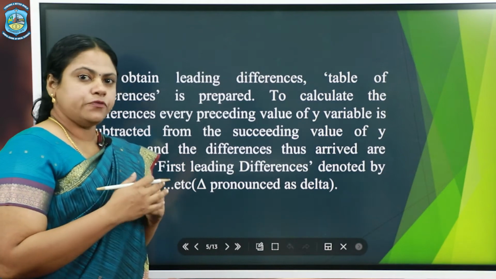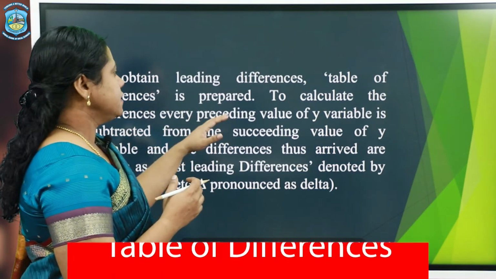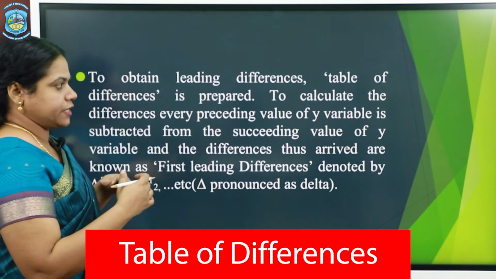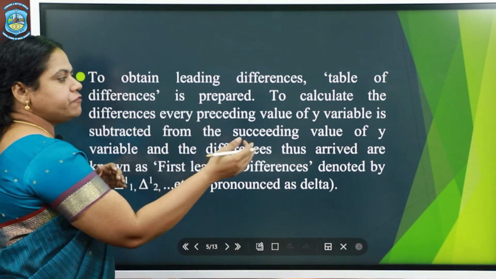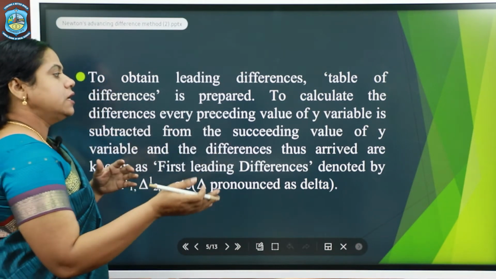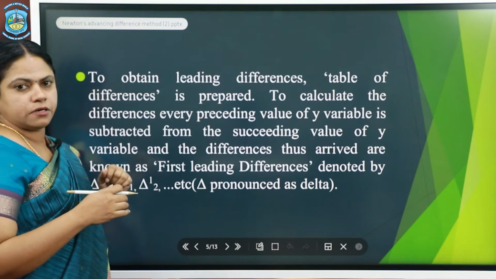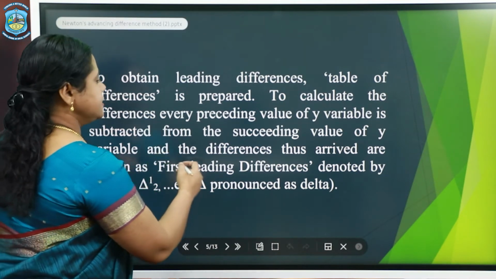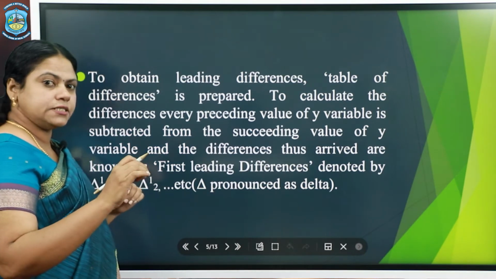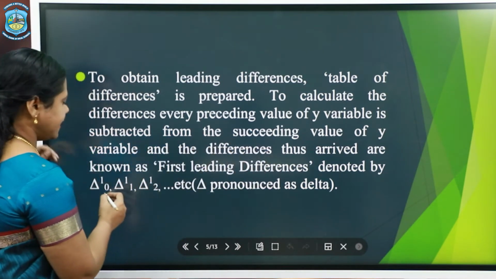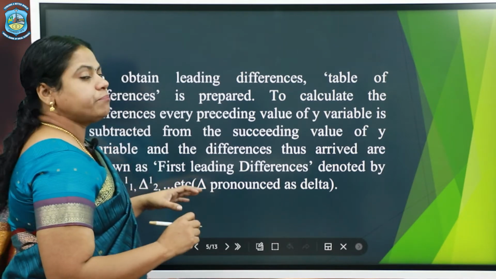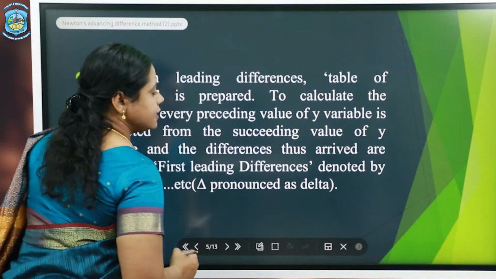After finding the value of x, the next step is to prepare the table of differences. In the table of differences, to calculate the differences, every preceding value of y is subtracted from the succeeding value of y. The differences thus arrived at are known as the first leading differences and are denoted by del 10, del 11, del 12, etc., pronounced as delta.